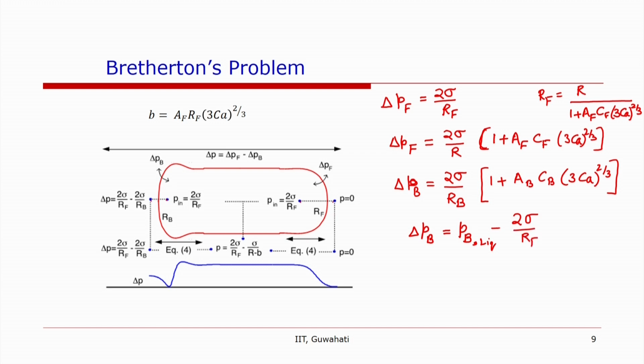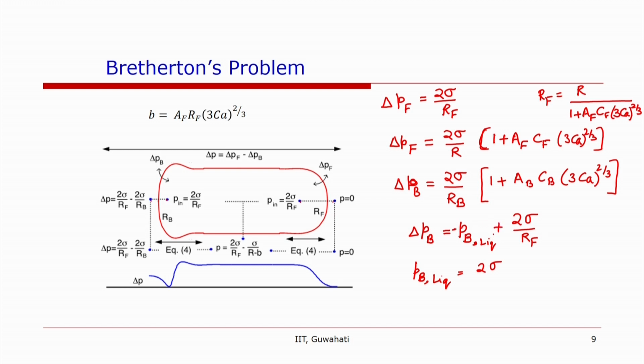So one can find out what is Pb in the liquid. Because the pressure in the bubble will be higher, this will be positive and this will be negative.